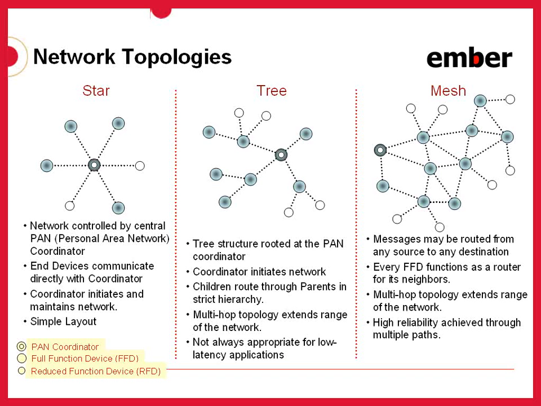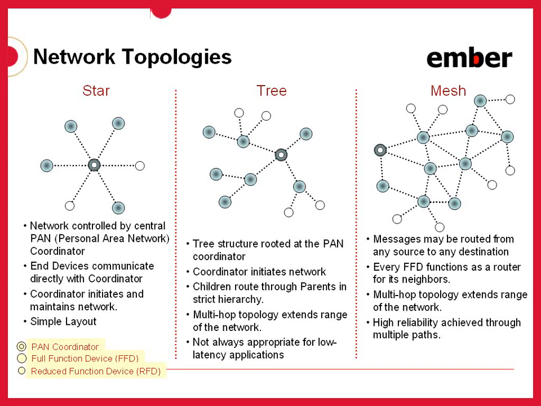In this slide, we have a more direct comparison of mesh networks versus star networks, as well as a contrast with the tree topology used by certain variants of ZigBee. Each diagram illustrates how the various nodes of a PAN coordinator, a router-capable or full-function device, FFD, and a few non-routing or reduced-function devices, RFDs, connect to one another in the given topology.